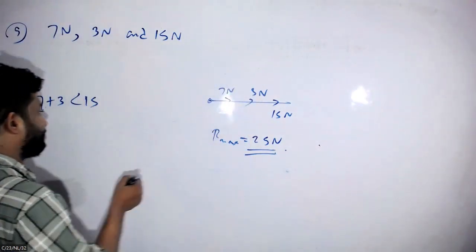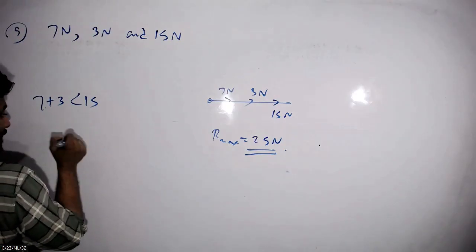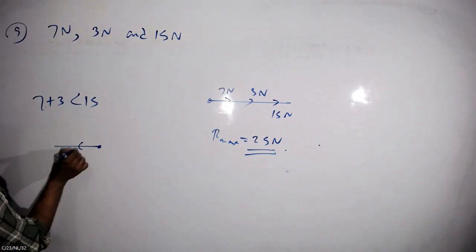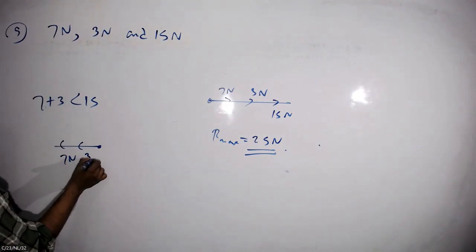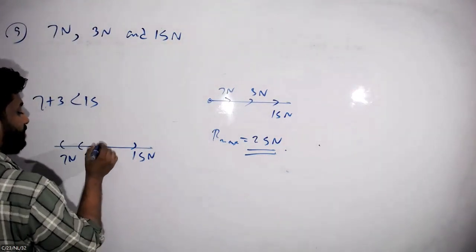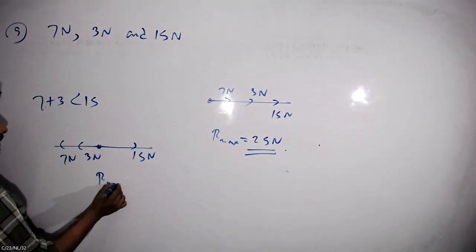Then you need to identify what is the minimum resultant they can produce. Remember this. They produce minimum resultant when the two smaller vectors are acting parallel to each other and opposite to the largest vector. That is when they produce the minimum resultant.